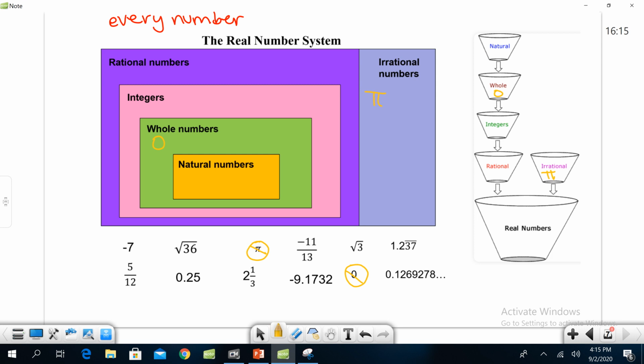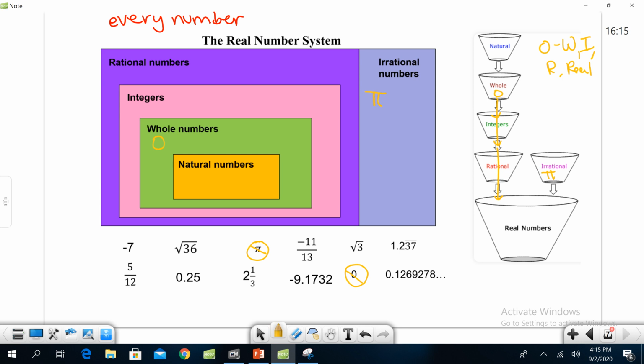If 0 is a whole number, put W for whole number, that means that it's also an integer. And if it's an integer, that means that it's also rational. And if it is rational, that means that it is also real. So 0 is a whole number, an integer, a rational, and a real.